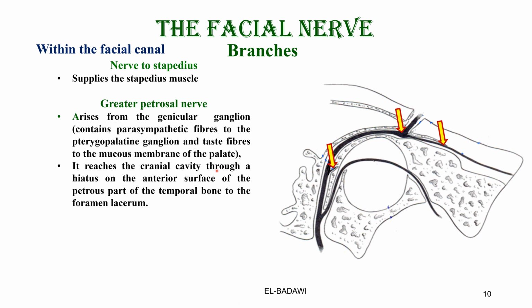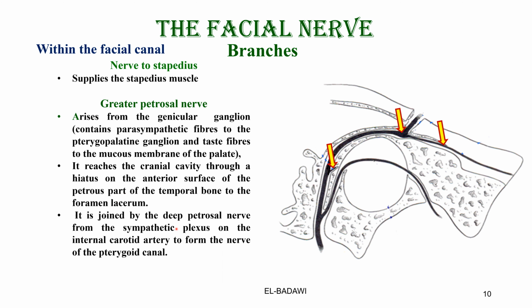It reaches the cranial cavity, that greater petrosal nerve, through a hiatus in the anterior surface of the petrous part of the temporal bone, then leaves the cranial cavity through the foramen lacerum, where it joins the deep petrosal nerve, which is a sympathetic nerve coming from the sympathetic plexus around the internal carotid. Both of them form what we call the nerve of the pterygoid canal.